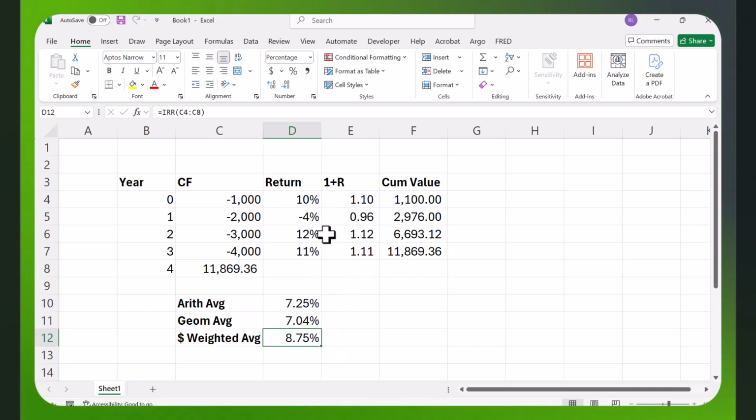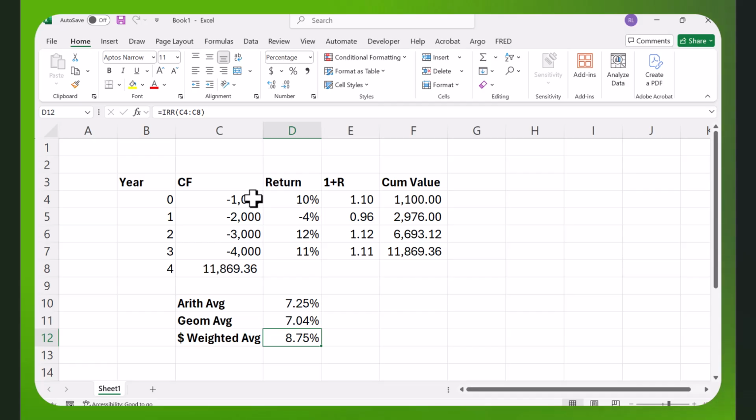And so, in terms of weighting it, the fact that you have quite a bit of money earning 11%, and quite a bit of money, remember you have the cumulative value, earning 12%, you should get a higher dollar weighted average return. So this is a nice comparison here.